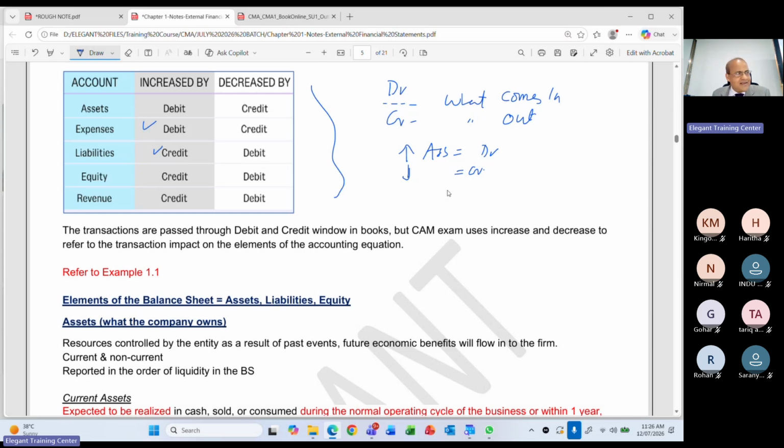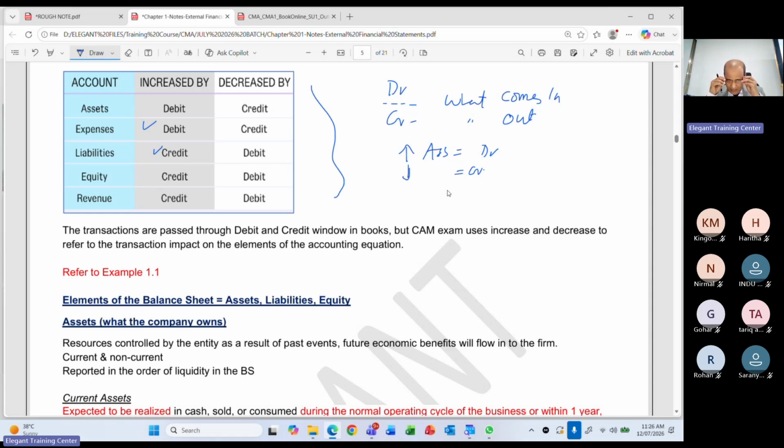Similarly, increase in expenses debit, decrease in expenses credit, increase in income credit, decrease in income debit. Debit all the receivers, credit the giver, debit what comes in, credit what goes out. Debit all assets, credit all liabilities, debit all expenses and losses, credit all gains and incomes.